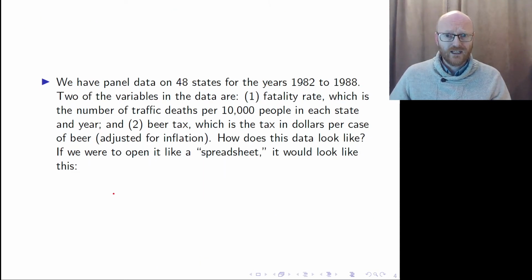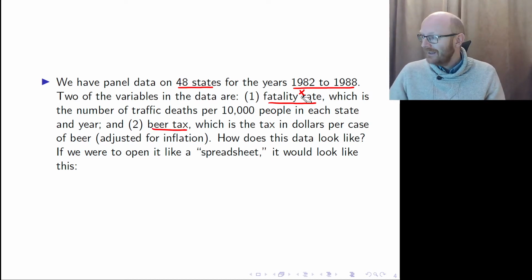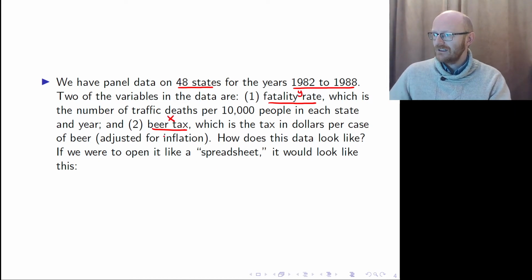We have panel data for 48 states over 7 years. A bit old data, but it's okay. And we have data on the y variable and on the x variable, the beer tax.